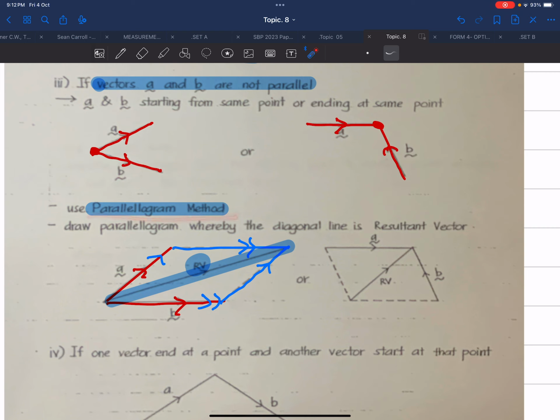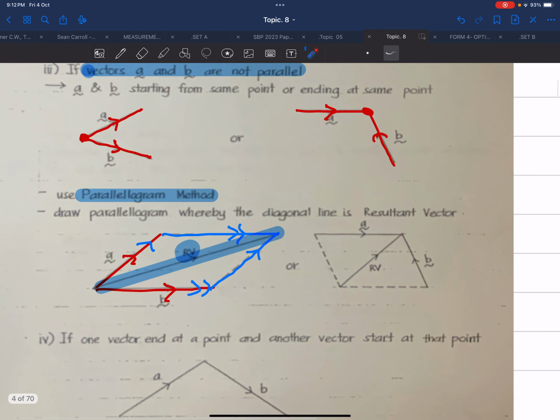What you do, draw back the two vectors, construct a parallelogram, draw the diagonal line. The diagonal line is the resultant vector. Same goes for here, two vectors not parallel, ending at the same point. Again, draw back the vectors, construct a parallelogram. Again, the diagonal line is the resultant vector.